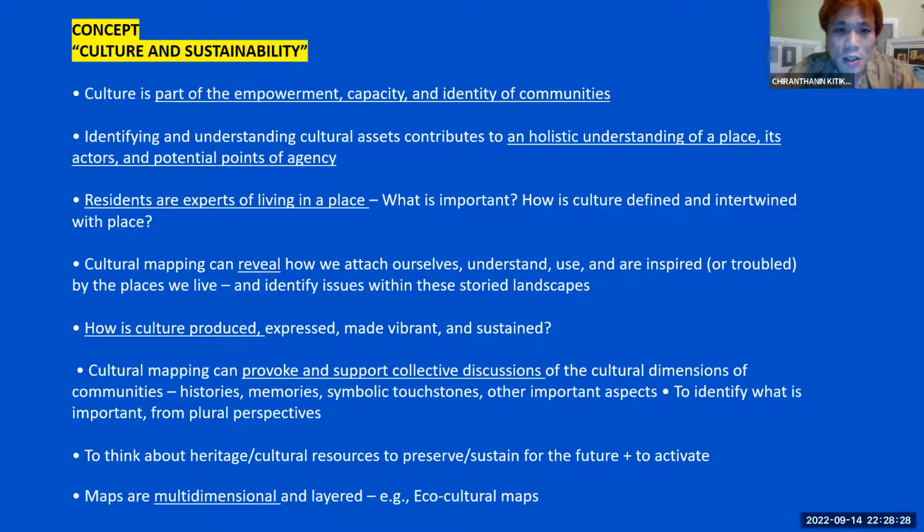So culture is a part of empowerment, complexity, the idea, the identity of communities, and you can identify the holistic understanding of the place. You can see who is an actor, and you can see the potential points of agencies.